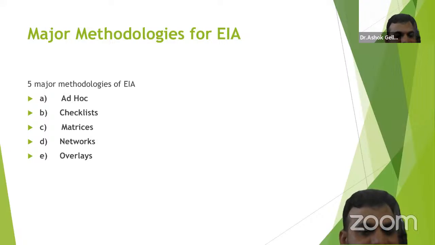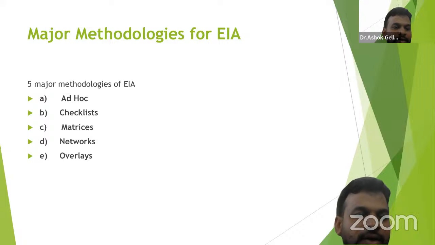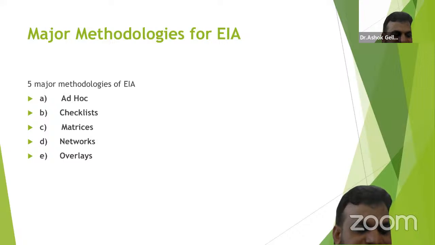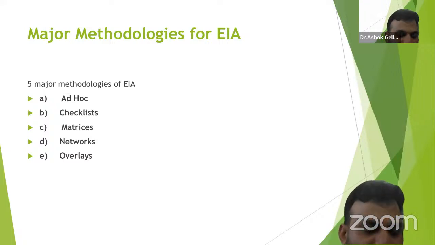Next one is the networks method. It identifies the pathways of impact using a series of chains, like networks, between a proposed project and impacts. A series of impacts that may be triggered by the project actions, triggered by the project location.